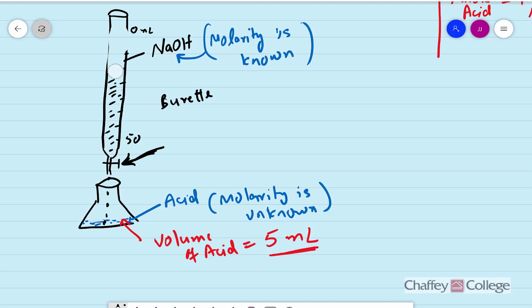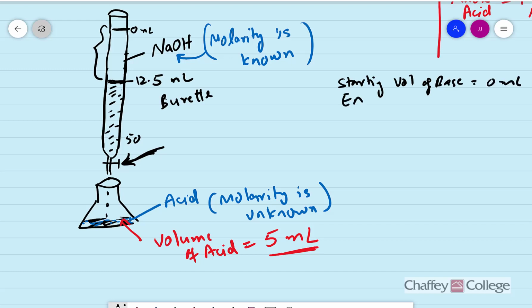So maybe imagine we added 12.5 ml. We started with 0, so this much was added to completely neutralize the acid. So our starting value of base was 0 ml, and the end volume of base, when the acid was completely neutralized, was 12.5.